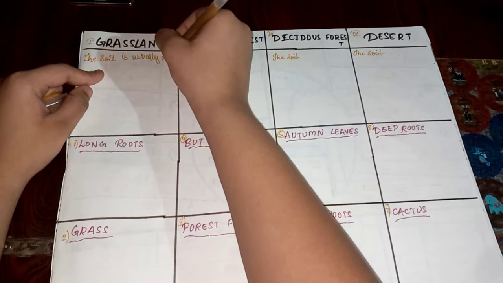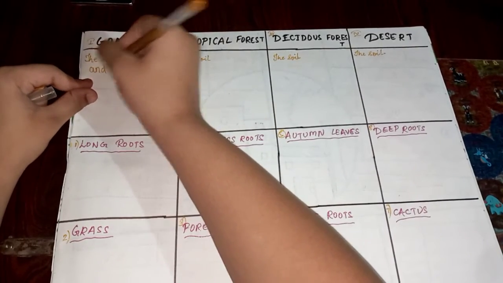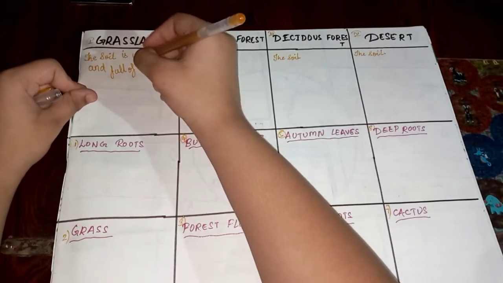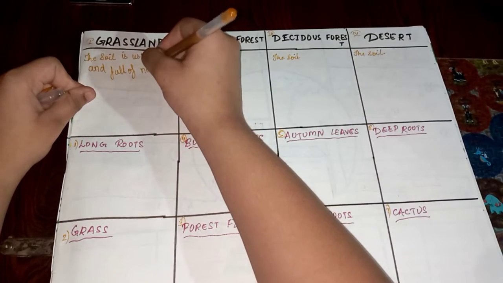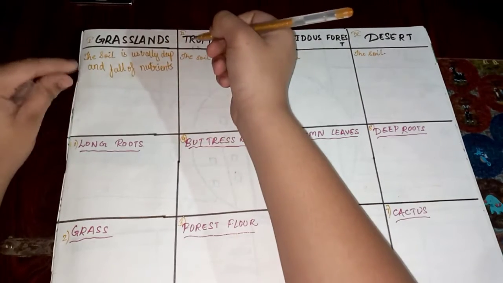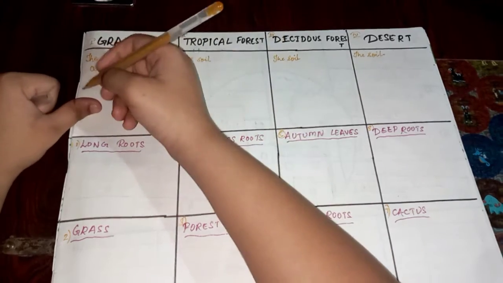deep and full of nutrients. So the soil is full of nutrients and deep.